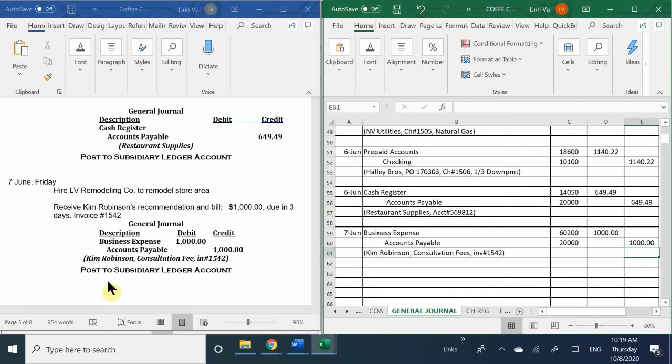So the last thing that we did was we received Kim Robinson's bill. We've already updated it into our journal, our ledger, and we also did our subsidiary ledger.